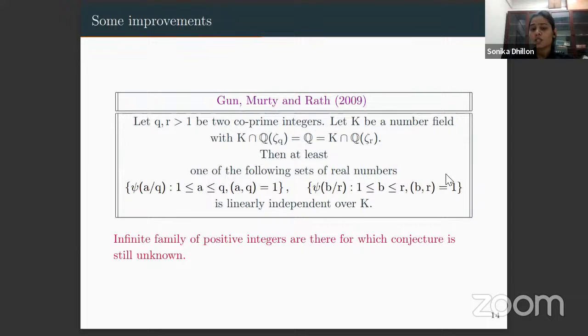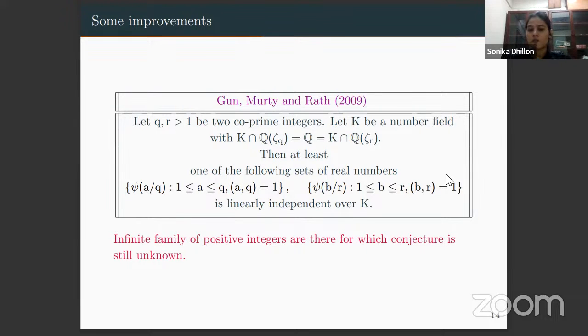Now, in this direction of the Murty-Saradha conjecture, there have been some improvements by Gun, Murty and Rath in 2009, and they proved that if you take two numbers, say q and r, which are co-prime to each other, and K to be any algebraic number field, again with the same condition that the intersection with the cyclotomic field has to be trivial, then corresponding to q we have a set of psi of a by q, and corresponding to r we have psi of b by r. Then out of these two sets, at least one set will be linearly independent over the field K. Since q and r are co-prime, they used the norm idea to prove this. But what happens if q and r are not co-prime?